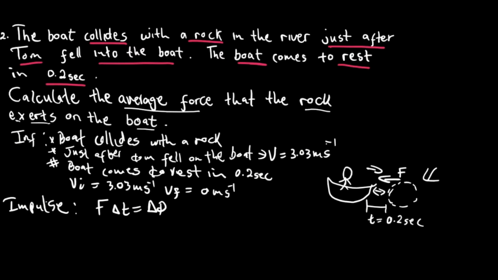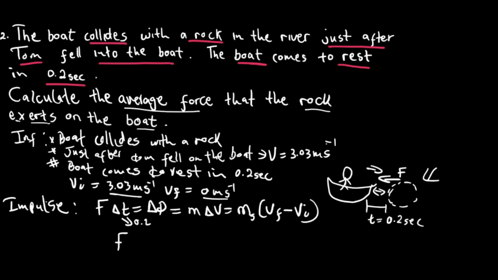So this is just going to be mv, so m change in v, which is going to be the mass of the system, both Tom and the boat, and then we're going to have v final, which is going to be 0 as I indicated, minus v initial, which is going to be this 3.03, and then we're going to put in the 0.2 here for the time.